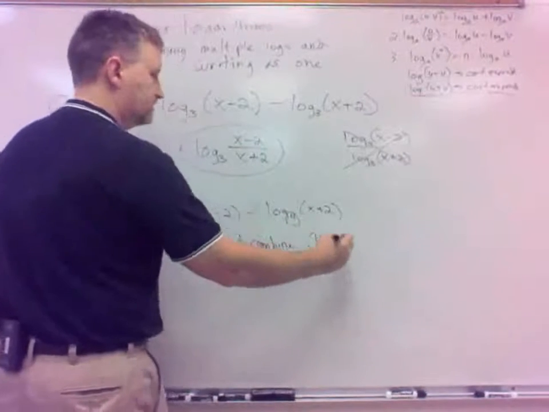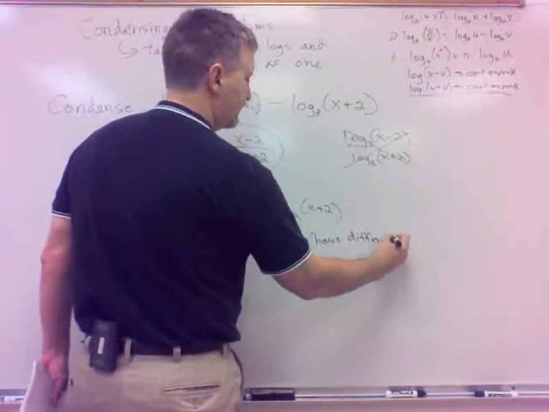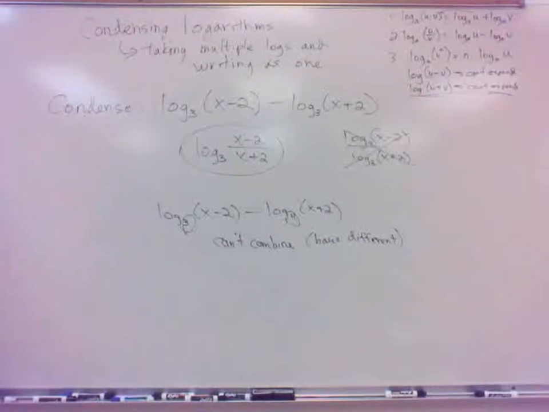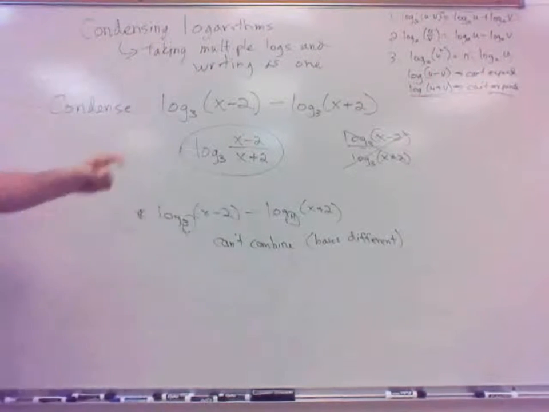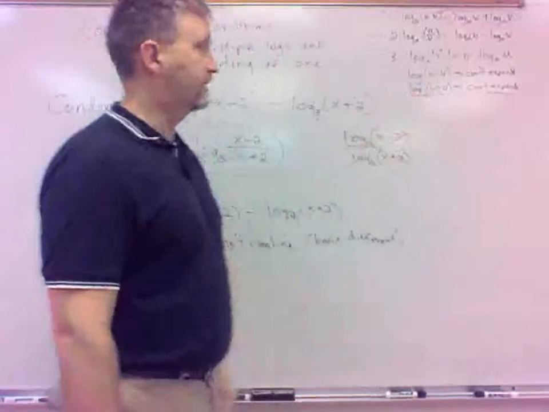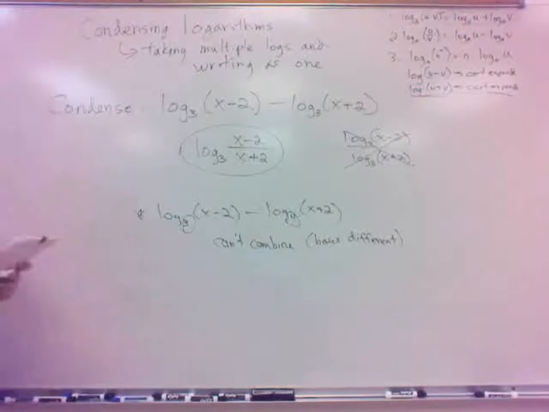So please make note of that. If your bases are different, unless you change the bases somehow, you won't be able to combine those. I don't think it'll happen very often, but just please note there that you can't combine those because the bases are different. These have to have the same base, both of them, either on the adding or subtracting, to be able to condense them.